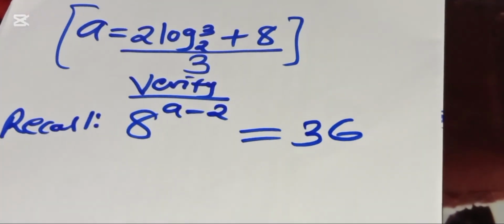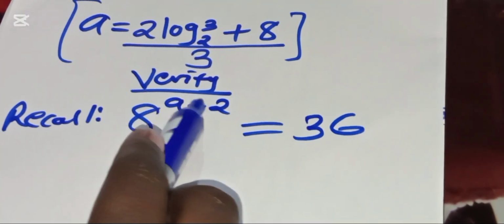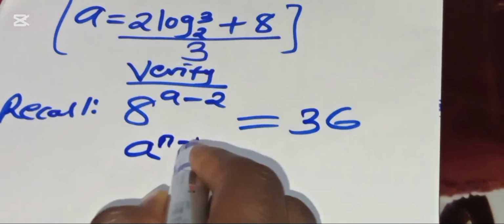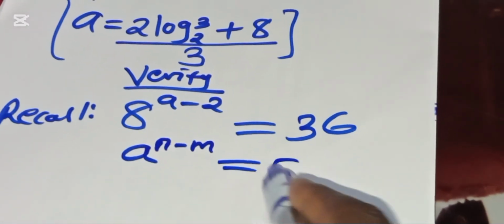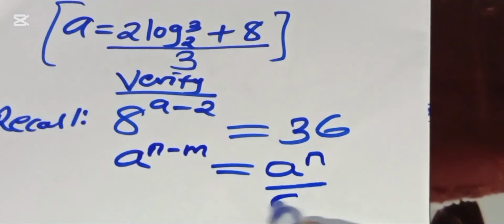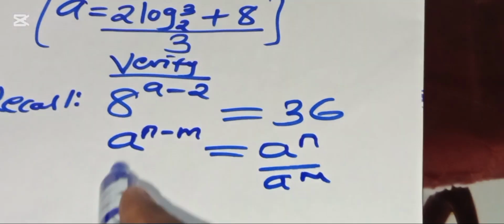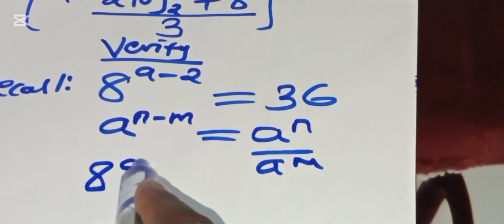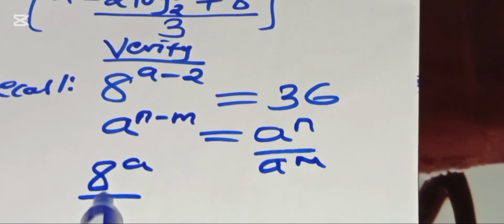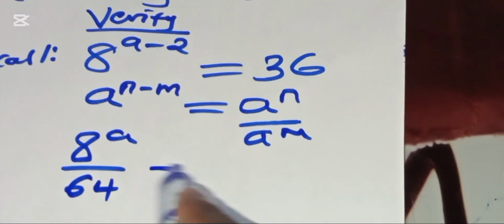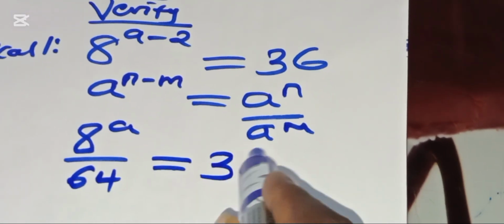Now 8 raised to power A subtract 2 is in the form of A raised to power n minus m, which you can express as A raised to power n divided by A raised to power m. So let's apply this property. This is the same thing as 8 raised to power A divided by 8 squared. 8 squared is equal to 64. So this is supposed to give us a value of 36.